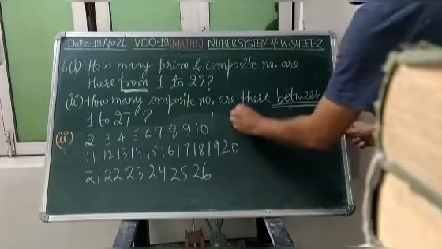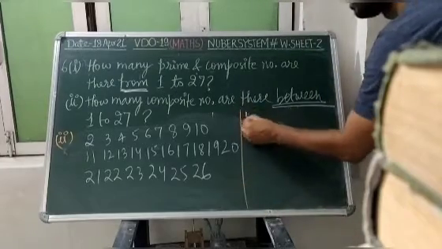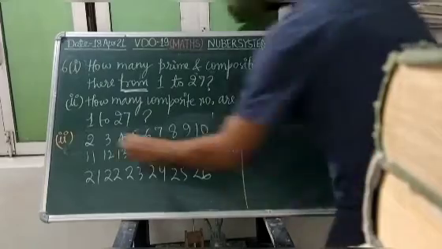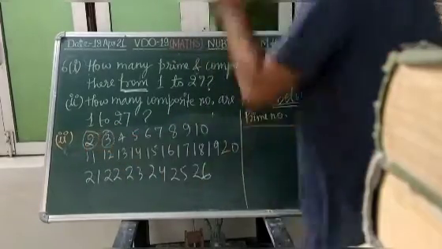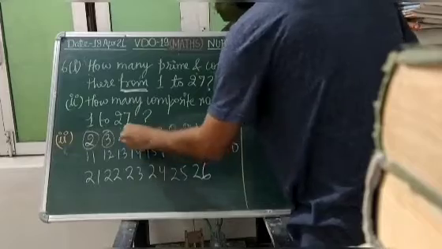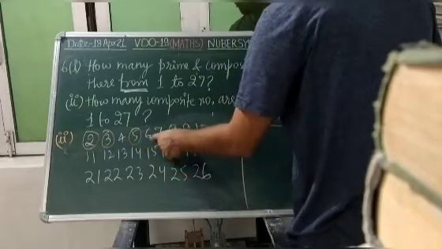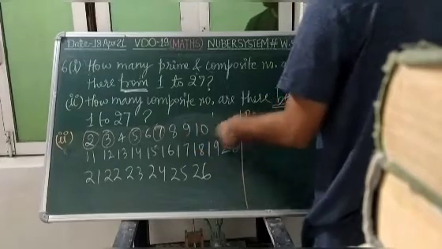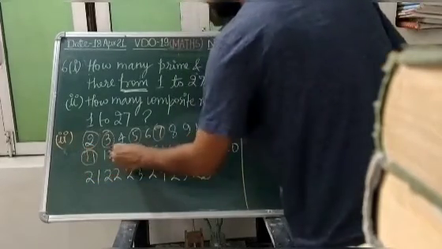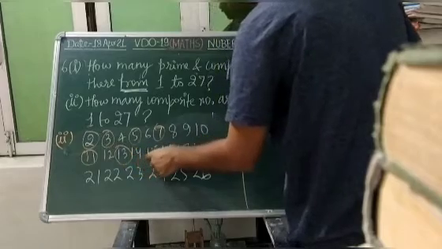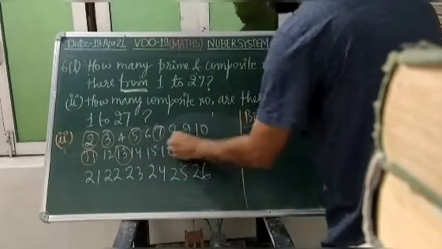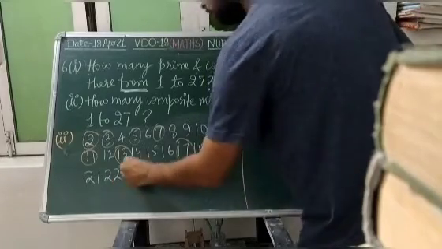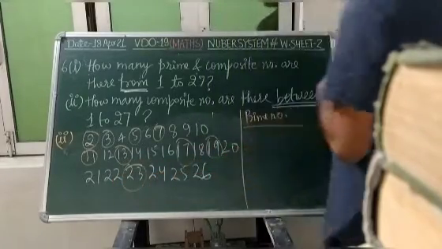So in this, how many prime numbers are there? 2 will be there, 3 will be there, 5 will be there, 7 will be there, 8, 9, 10 will not be there, 11 will be there, 13 will be there, 14 will not be there, 15, 16, 17 will be there, 18 will not be there, 19 will be there, 23 will be there, 24, 25, 26 not.